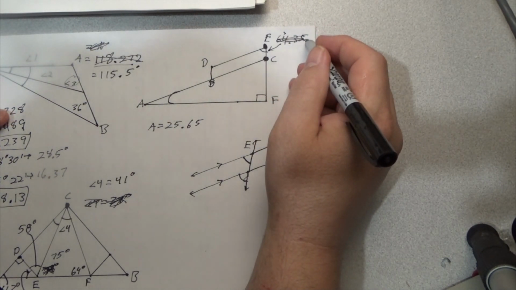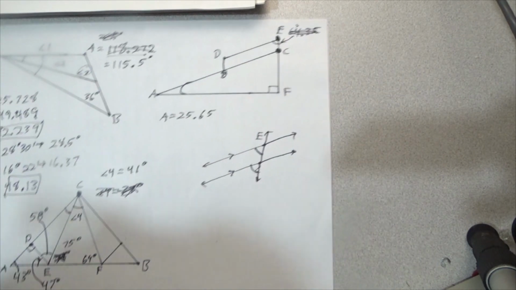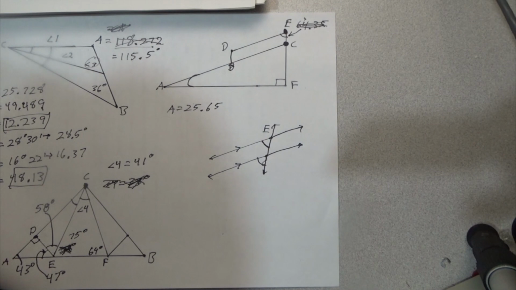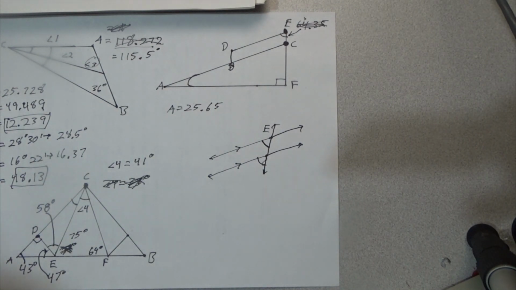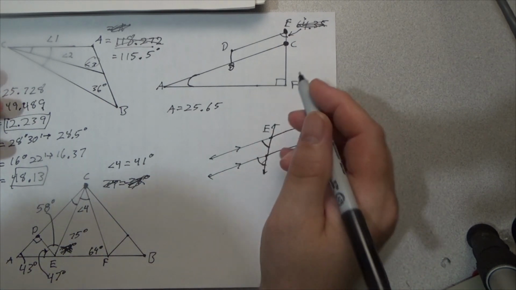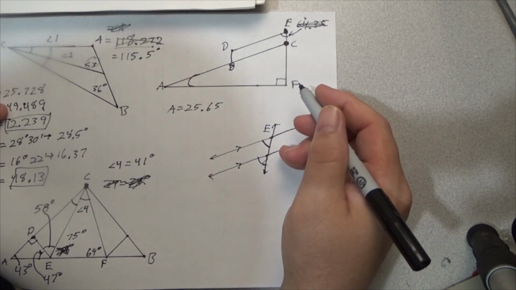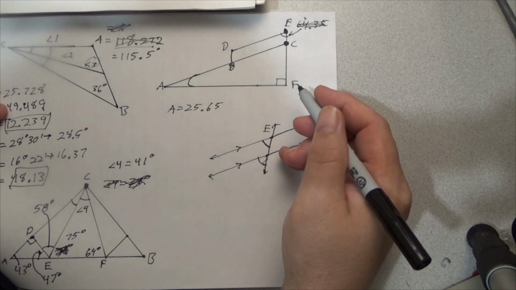So find angle E when angle A is, let me convert that real quick, 20, 59, 47, 20 point, we'll just call it 21 because it's 20.996. So that will round up to 21.